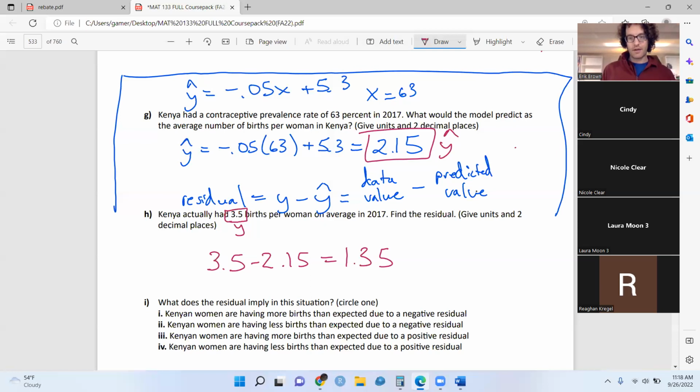Now, our predicted value was smaller than the actual value. This means we underestimated. A positive residual means an underestimate. A negative residual means an overestimate.